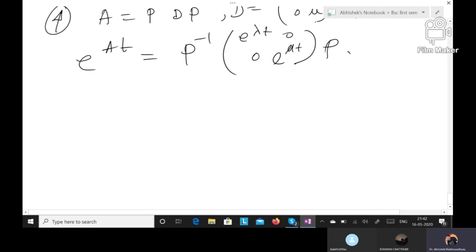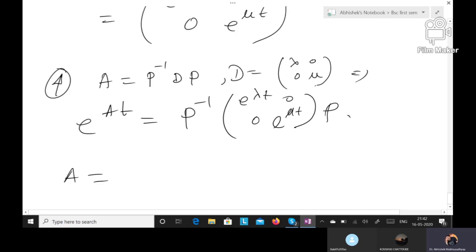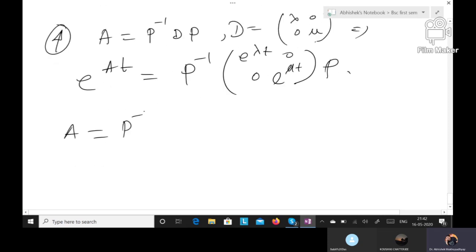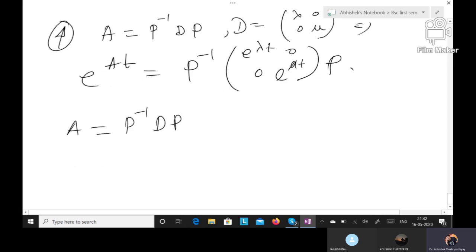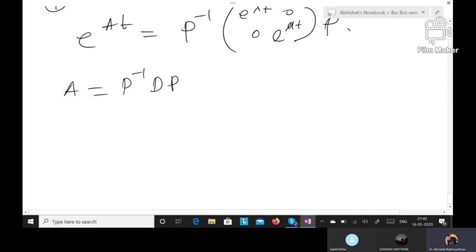And this is very easy to check, because since A is P inverse DP, A square will be P inverse DP dot P inverse DP.